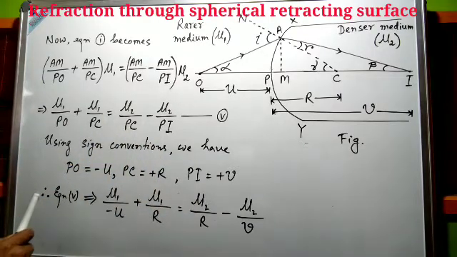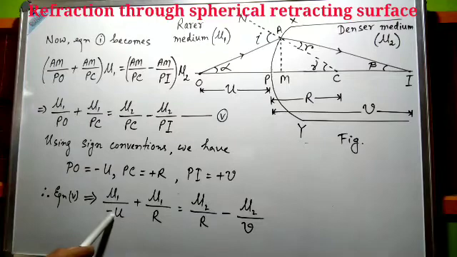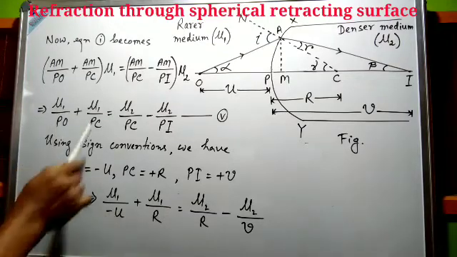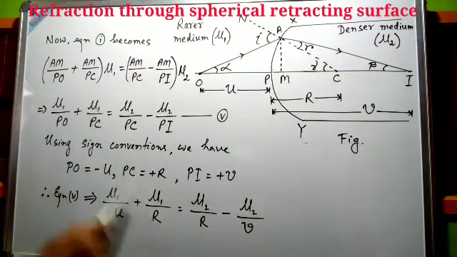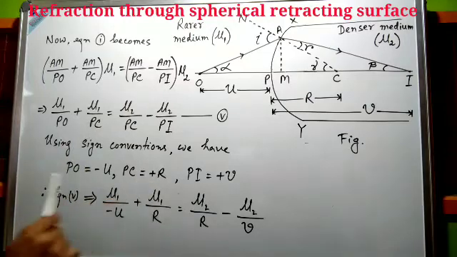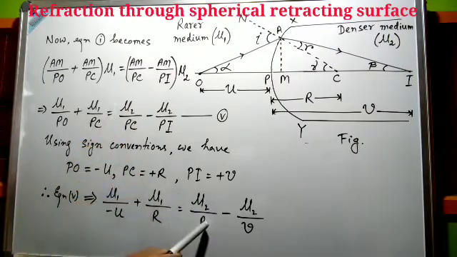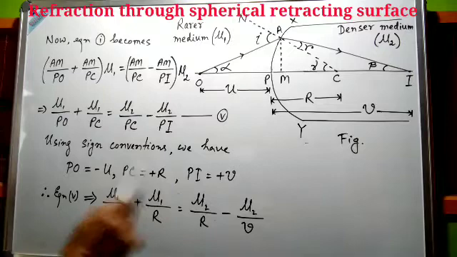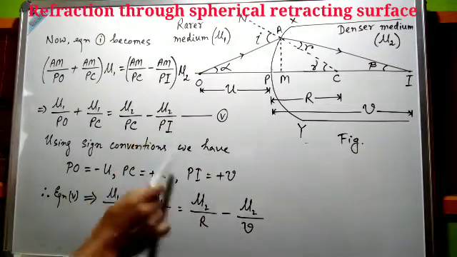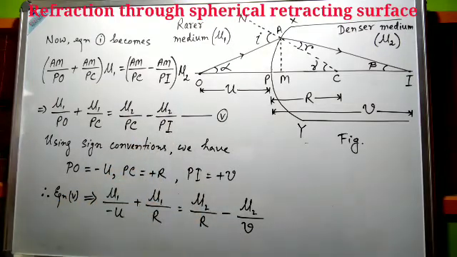Therefore equation 5 becomes mu1 by minus u plus mu1 by plus R equal to mu2 by plus R minus mu2 by plus v.